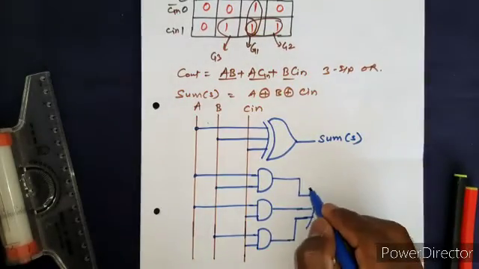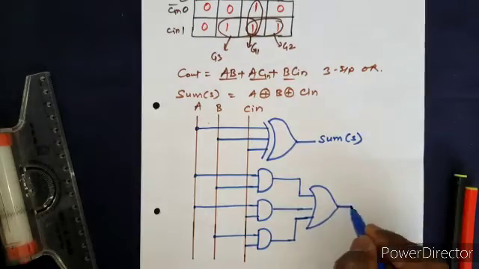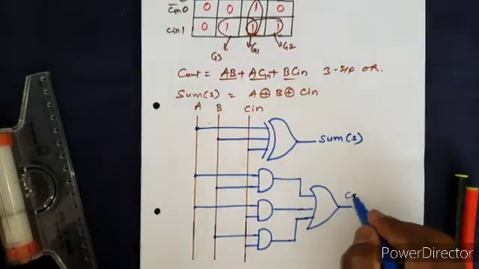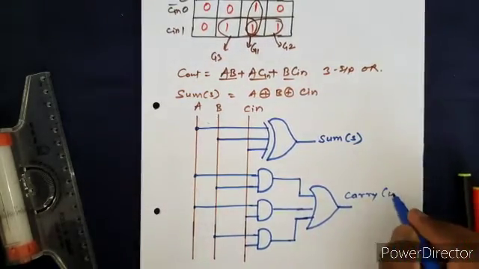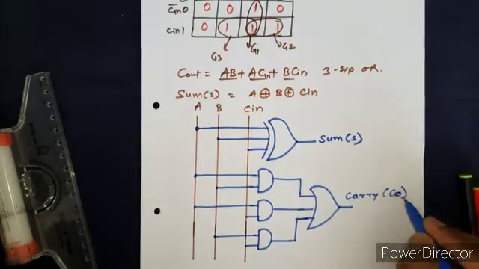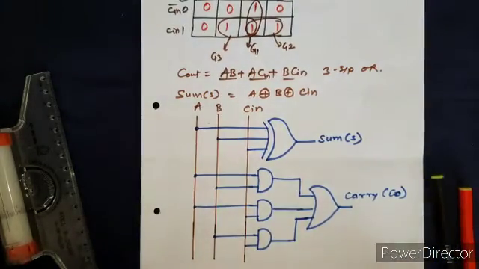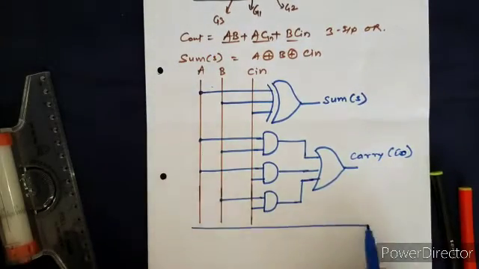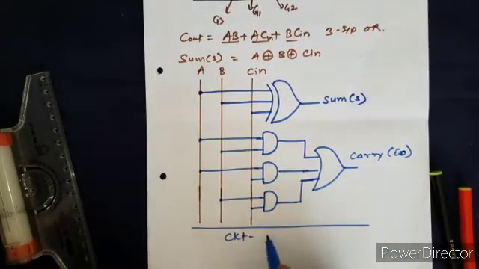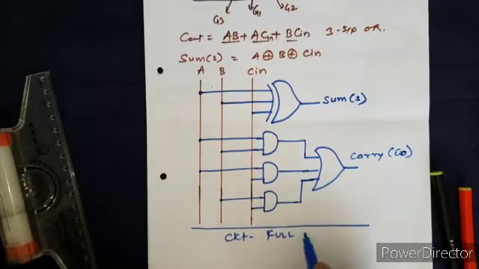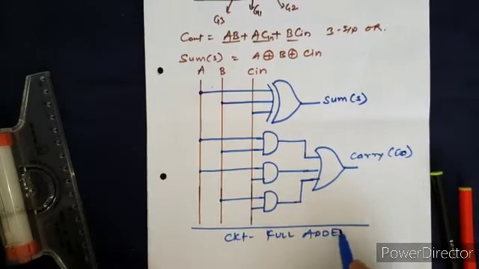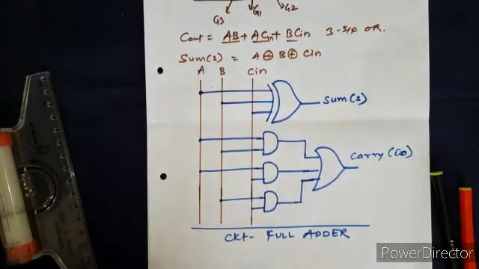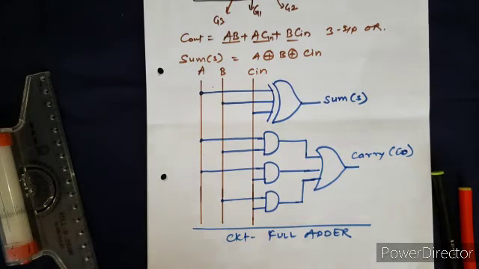This is an OR gate. Okay, this is carry C out. So this complete is the circuit for the full adder. This is how the full adder circuit is.